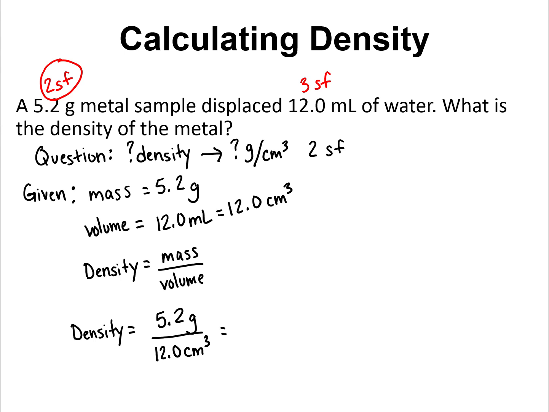And if you don't, you can quickly put it into your calculator and let me know what you got. Your calculator will say 0.43333 repeating, but with 2 sig figs, that's 0.43, and our units are grams per centimeter cubed.